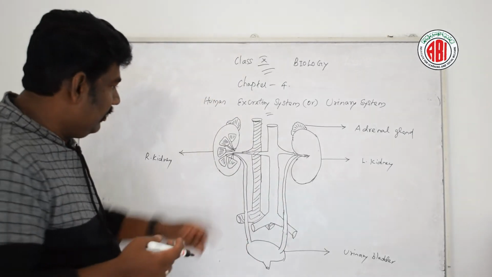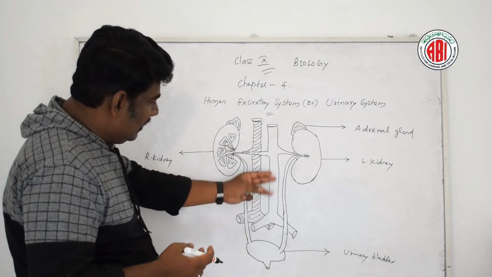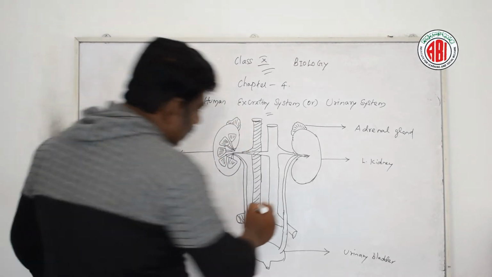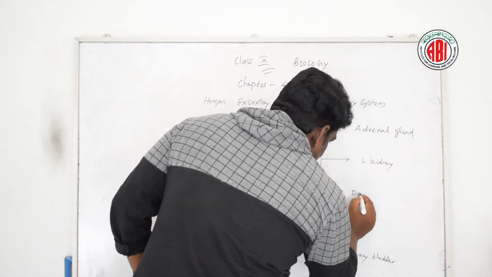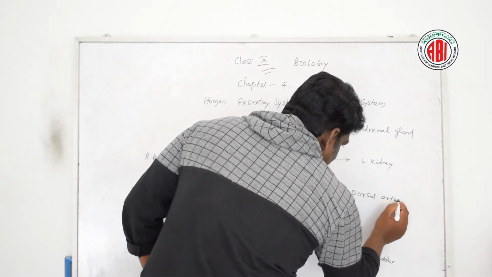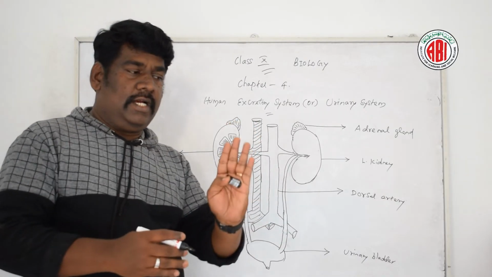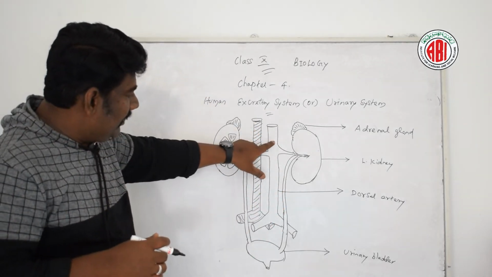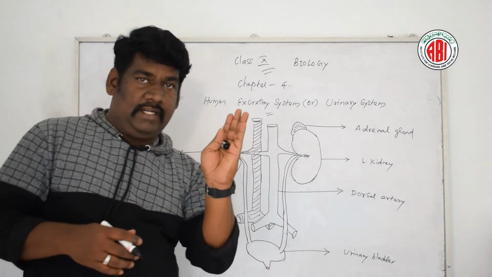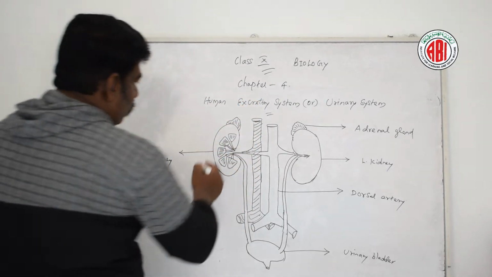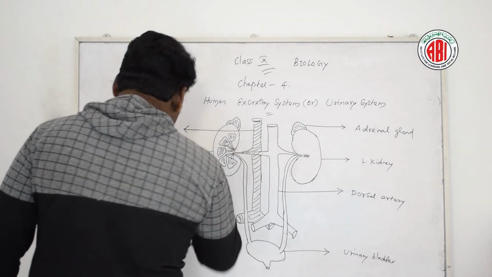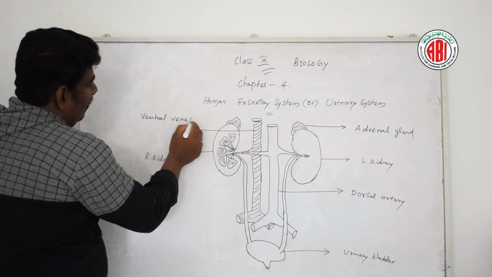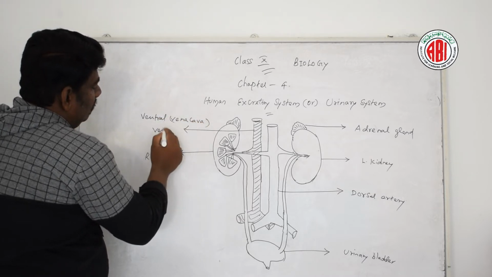The structure which is not shaded and lies above the surface of the inner one is called the dorsal artery. Dorsal means present on the surface. The one behind this structure is called ventral, but that is not an artery, it is the ventral vein. Instead of writing ventral vein, we can write ventral vena cava, which is also called a vein.